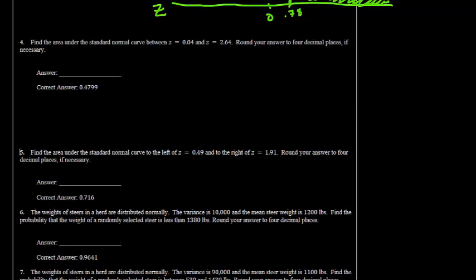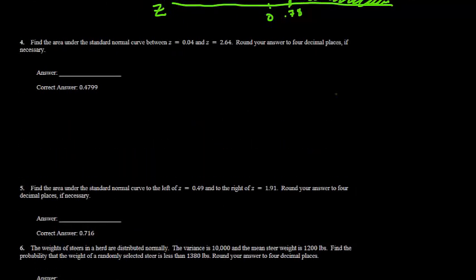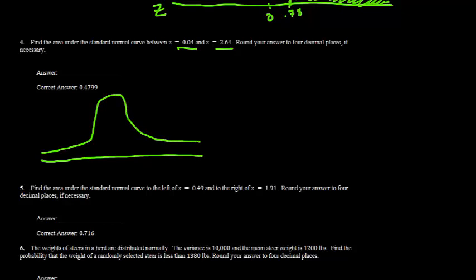Number 4. Find the area under the standard normal curve between 0.04 and 2.64. All right, there's 2 different ways to do this. We're going to just work one. I'm going to give myself some space here. Here's my curve. And under a z-curve, the mean is 0, as discussed, and then we're going to 0.04. So this guy's going to be 0.04, and somewhere out here on the right is 2.64.